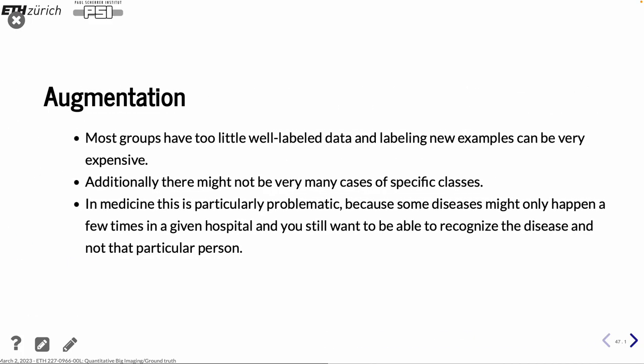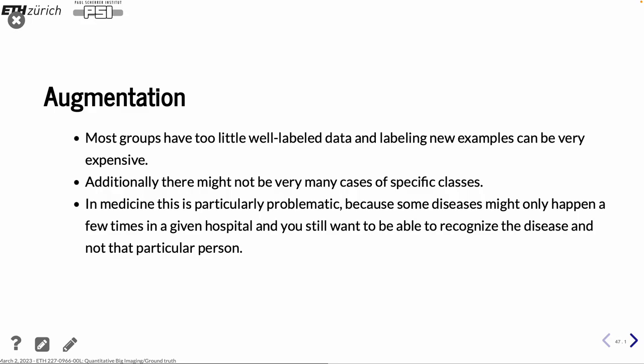So then we come to the augmentation, which is a way to modify the images. And there are different ways. We start out with too little data, but with some geometric transformations, we can actually improve that.